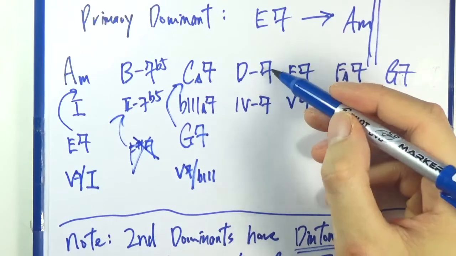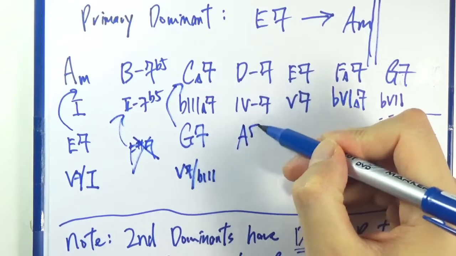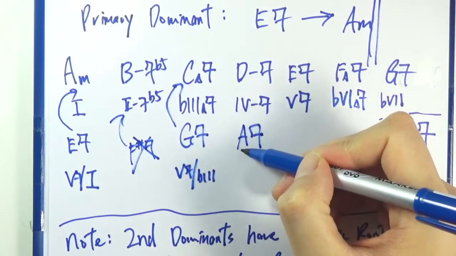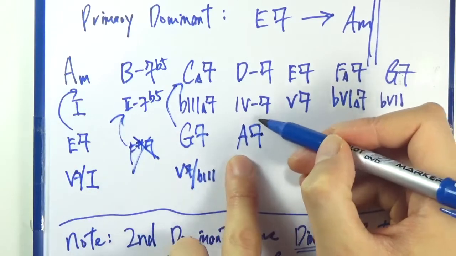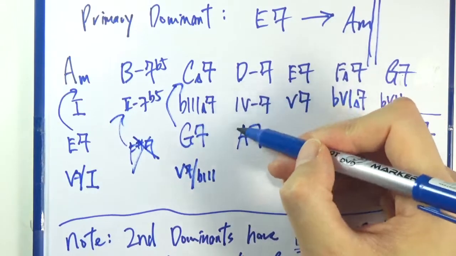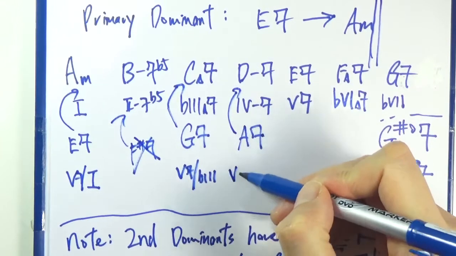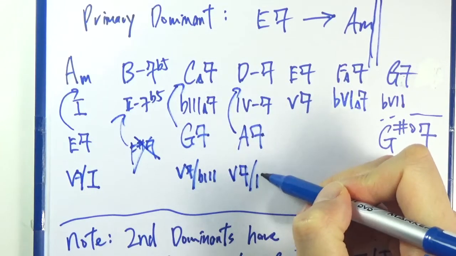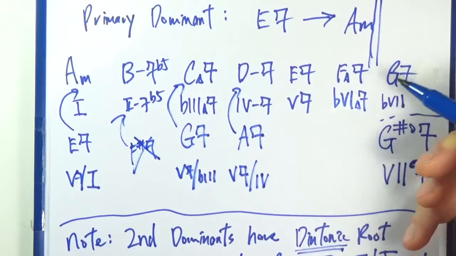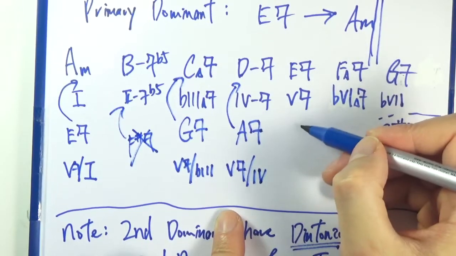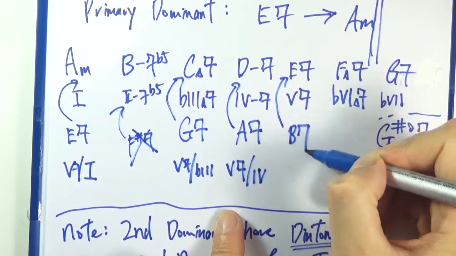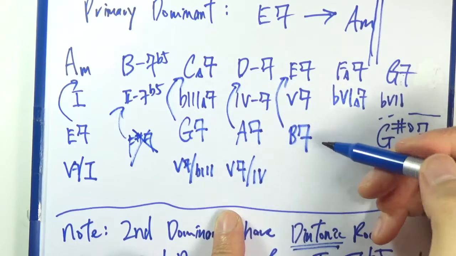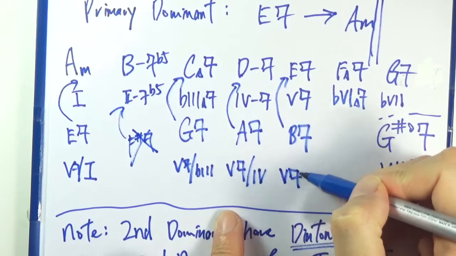And D minor 7, the 5 chord would be A dominant 7, and the A is diatonic to A minor. All right, we have a good root. And this one we call 5, 7 of 4. E7. So when we go up a fifth, that should be a B dominant 7. We call this one 5, 7 of 5.